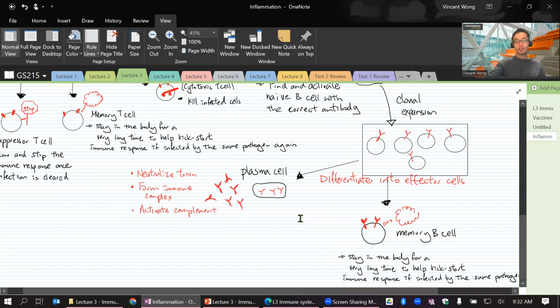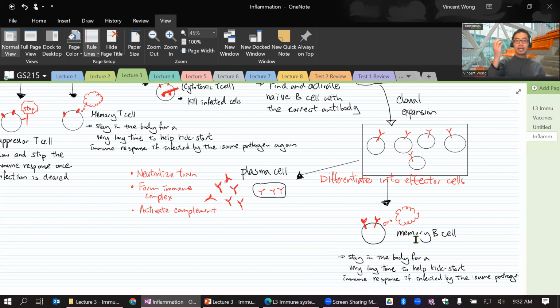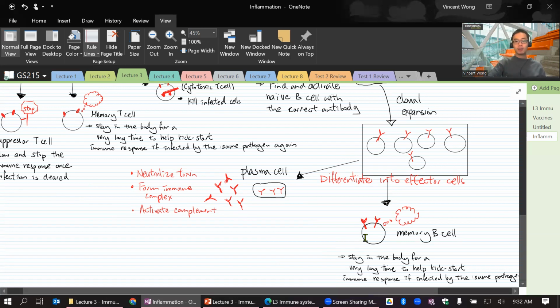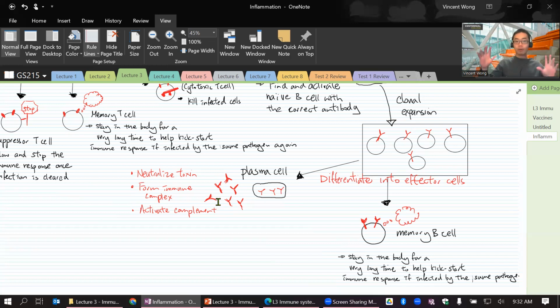Yeah, that is a great question. So the memory B cell: let's say the next time we get infected by the red bacteria, immediately the memory B cell will be able to pump out antibodies. But you don't have a huge number of memory cells in your system, because that's almost a waste of space. So you might have a few that would be able to immediately pump out the antibodies, and that will keep the infection from getting out of hand.